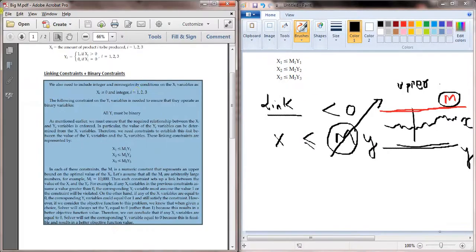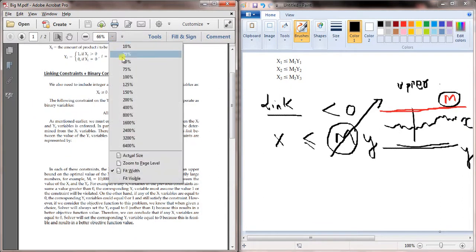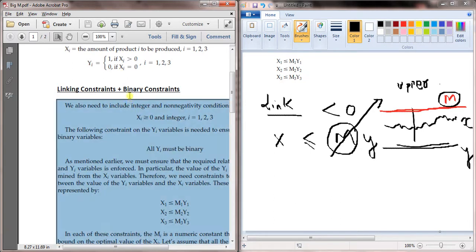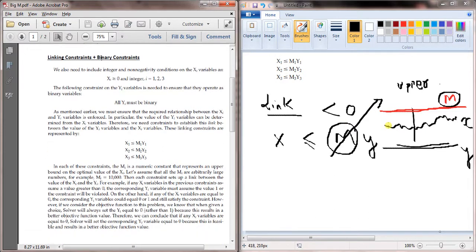Now coming back to the creation of this constraint, how we do it is x less than or equal to my.